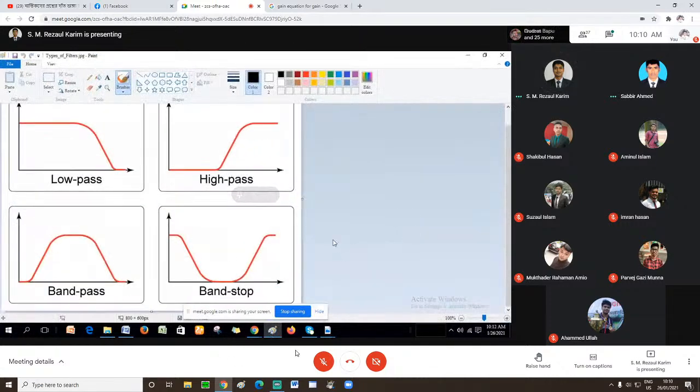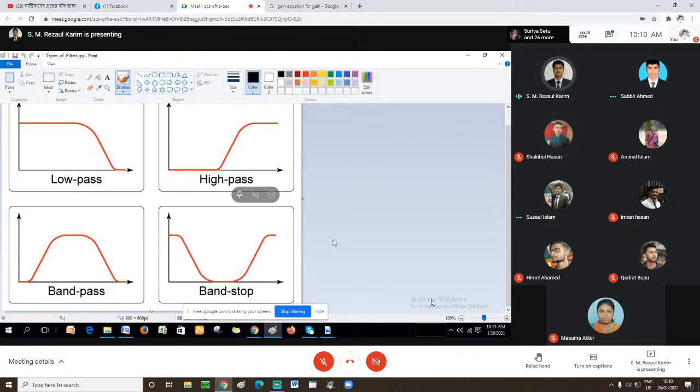Hello. Yes, sir. Can you see the graph? We can see, sir. Low pass, high pass, band pass, band stop. Okay. So, if I ask you to explain these four graphs, can you explain? Yes, sir.